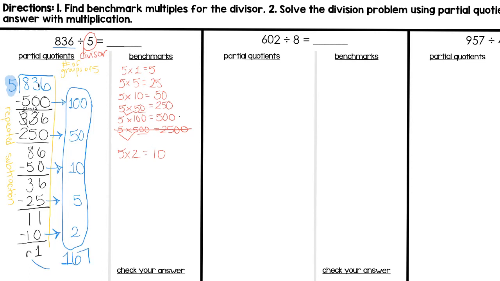And then we have our remainder of 1. So our answer will be 167 remainder 1. But we need to check our answer before we can say that that is definitely correct.